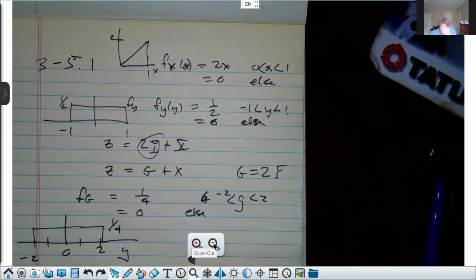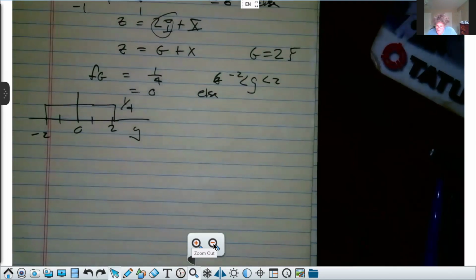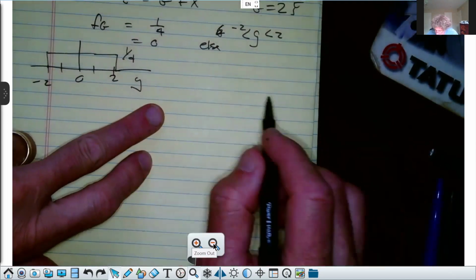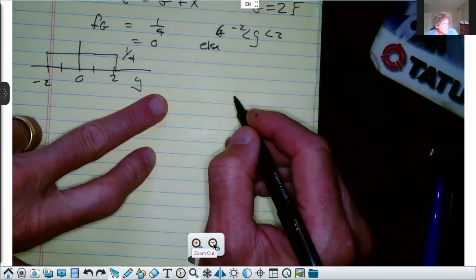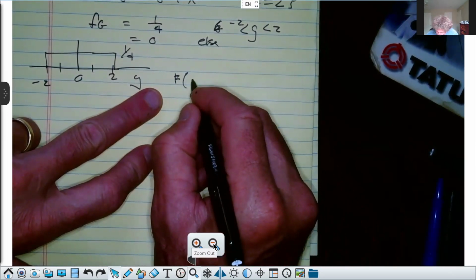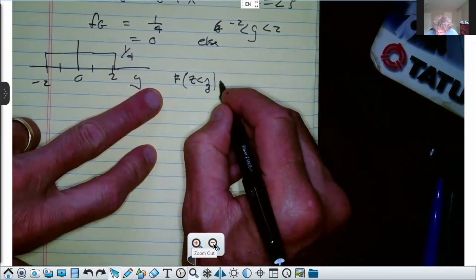Now, both of these two functions, we can go ahead and prove that it'll fall into a convolution type form if I wanted to. Maybe I'll do it real quick, but you don't need to write this down, just follow me. Remember, if I want F of random variable z less than the actual value of z, that's the same thing.